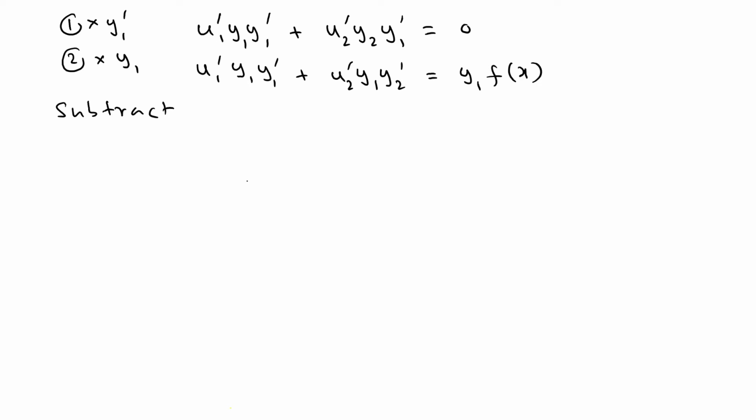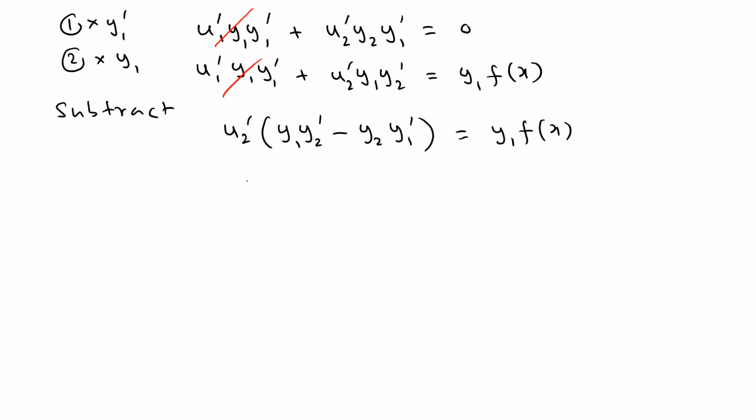Once you subtract, these two terms get cancelled out, so you can isolate the u2 prime term. You simply get u2 prime times (y1 y2 prime minus y2 y1 prime) on one side, and on the other side you have y1 f(x). Do you notice anything? You can see this is simply the Wronskian of y1, y2. y1 comes first.